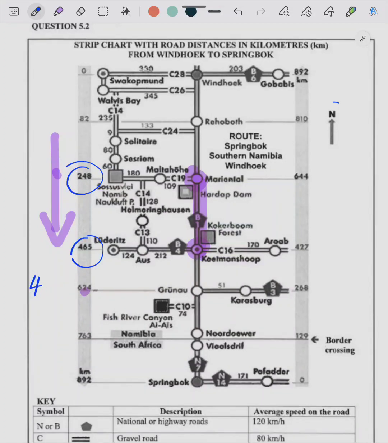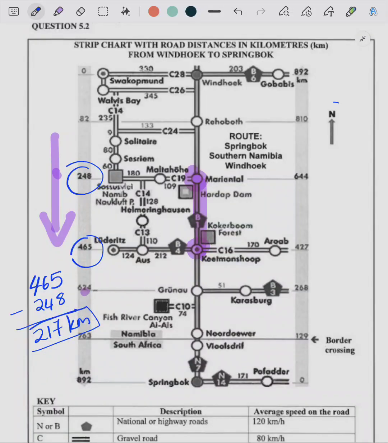So we're just going to say 465 minus 248. If you subtract those two, you get 217. So we have 217 kilometers for that last distance that we didn't know.